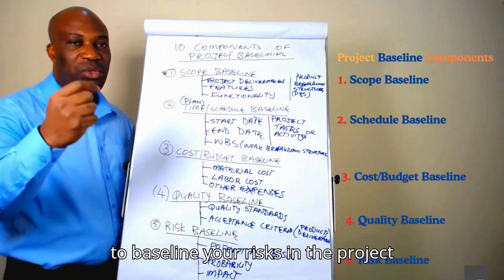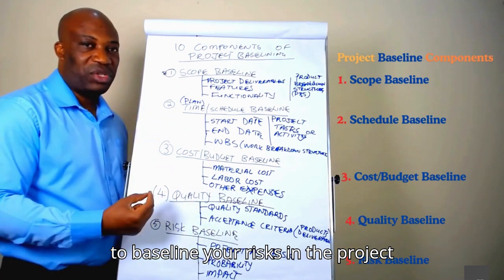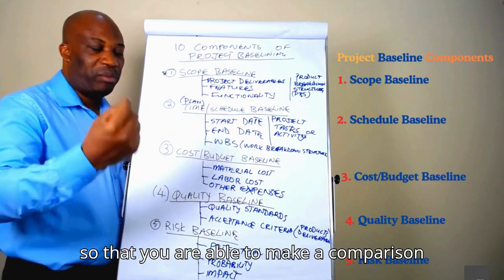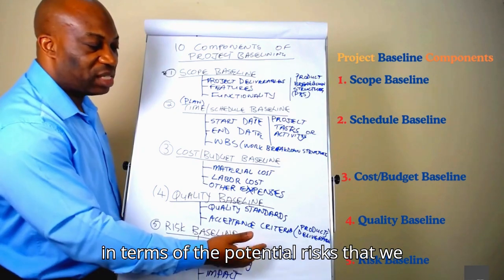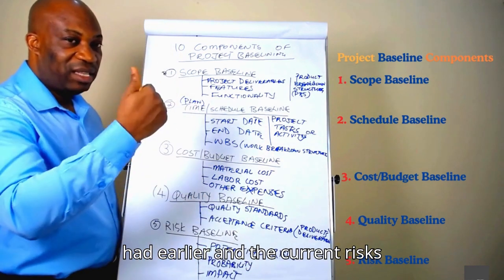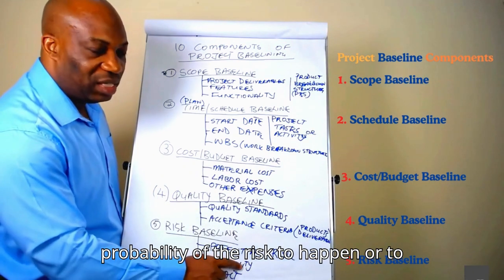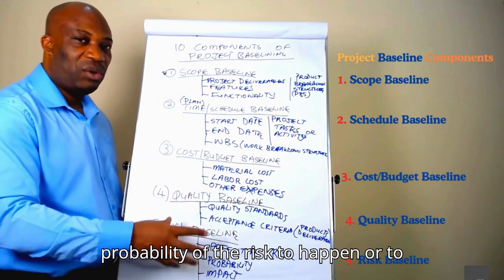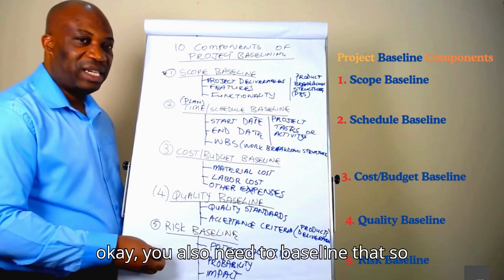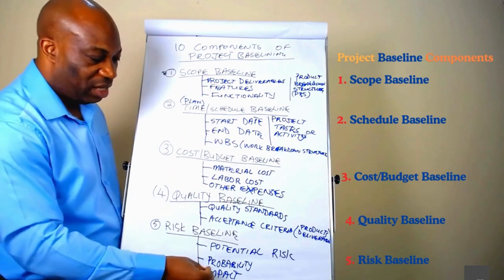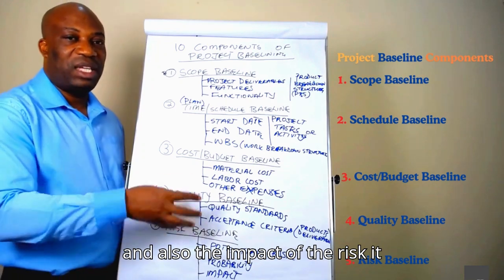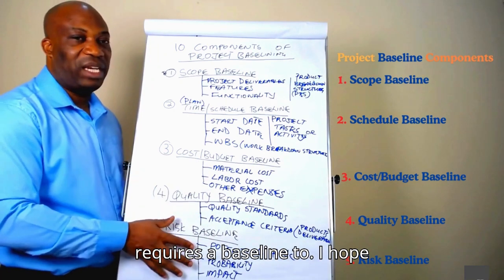You also need to baseline your risks in the project so that you are able to make a comparison in terms of the potential risks that you had earlier and the current risks that you have in the project, and also the probability of the risk to happen or to occur. You also need to baseline that so that you make a comparison in future, and also the impact of the risk. It requires a baseline too.